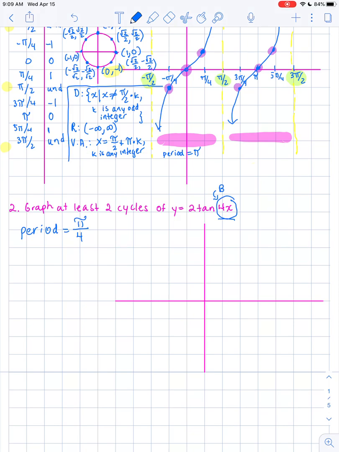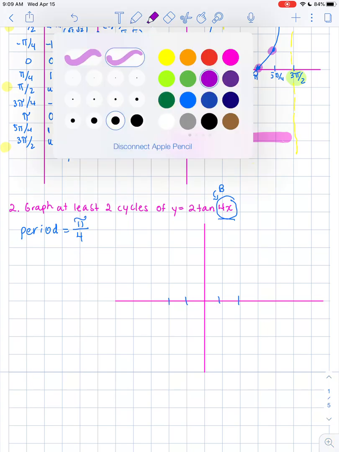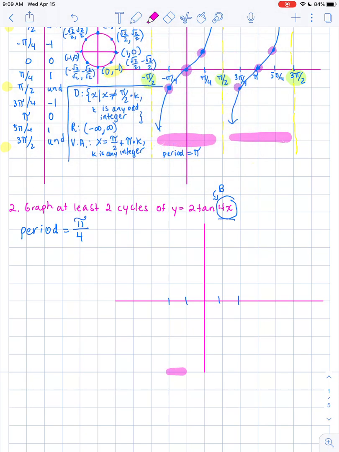Now, in order for us to get what pi over 4 would look like, I find my x-axis and divide it, similar to sine and cosine, into 4 regions. Then we have to figure out what to label these angle measures such that from here to here, the total value is pi over 4.